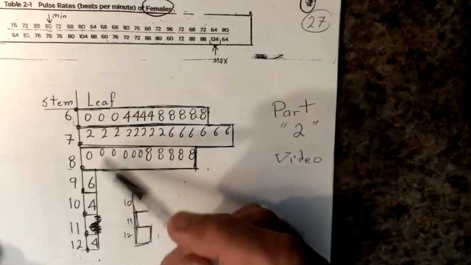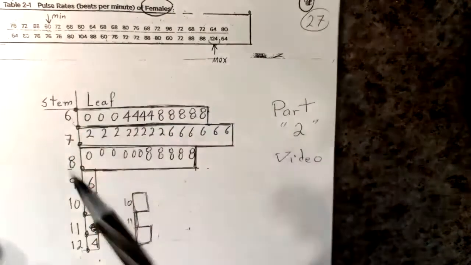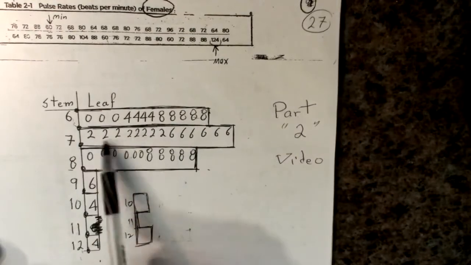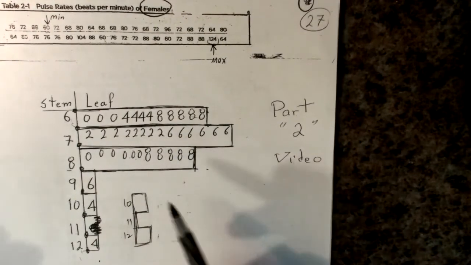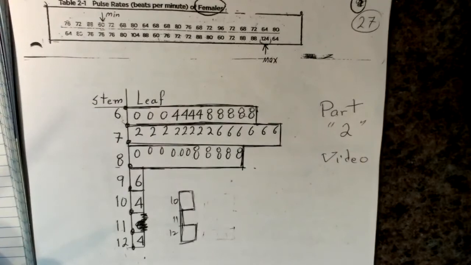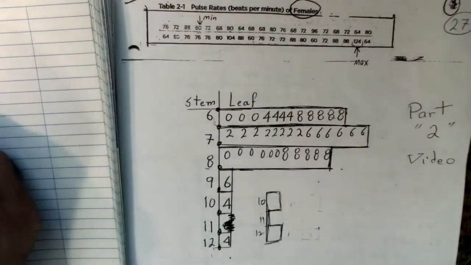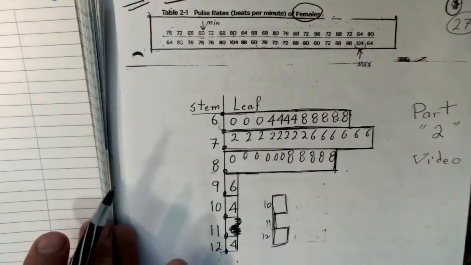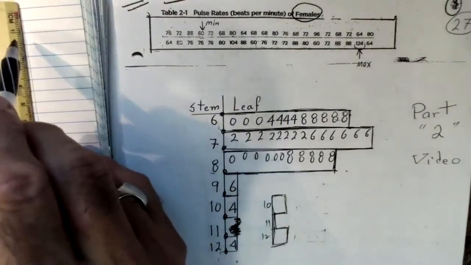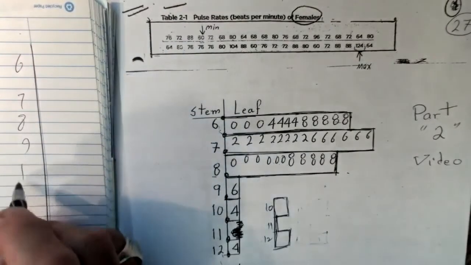All right, so then we start counting from the beginning. 76, so 7, 6. They don't have to be in any order. If I want to prepare my list, here is my 6, 7, 8, 9, 10, 11.